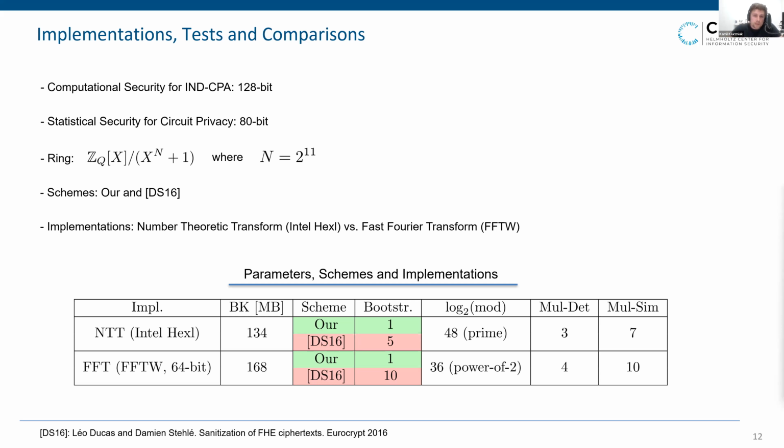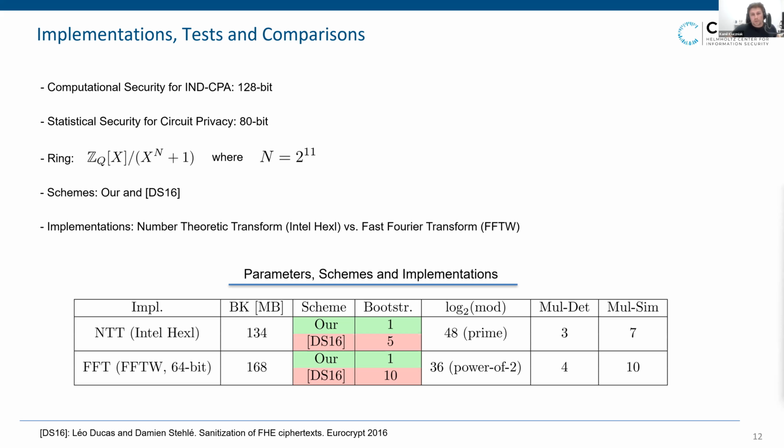So the deterministic mode and the simulation mode. So in the simulation mode we sanitize a ciphertext, but in the deterministic mode we choose the parameters so as to allow computation as fast as possible, but the ciphertexts are not sanitized in this mode.